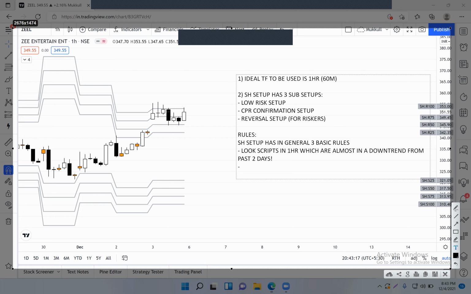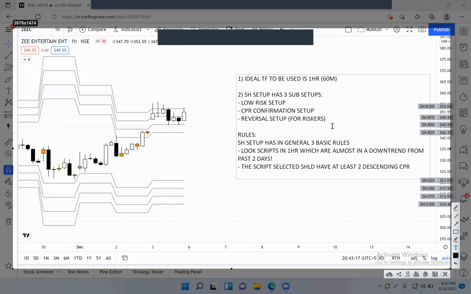Second, the script selected should have at least 2 descending CPRs. Okay, 2 or 3.